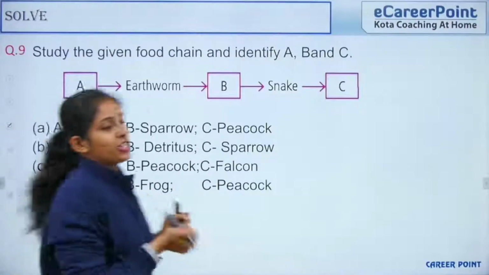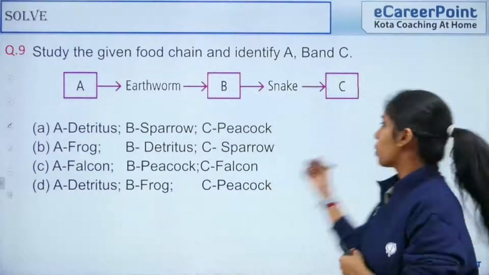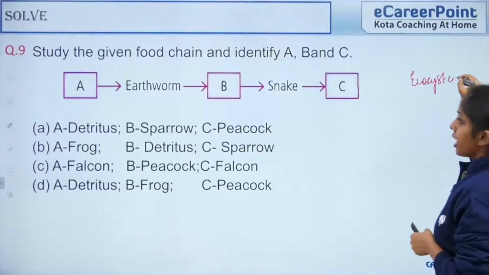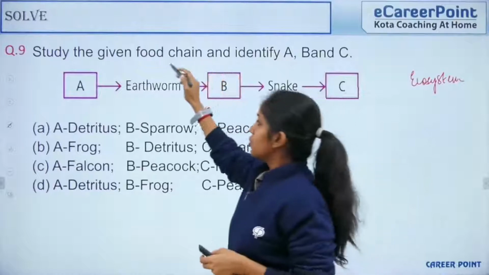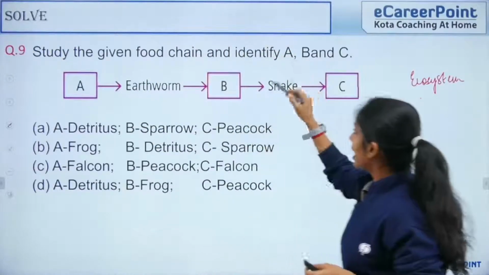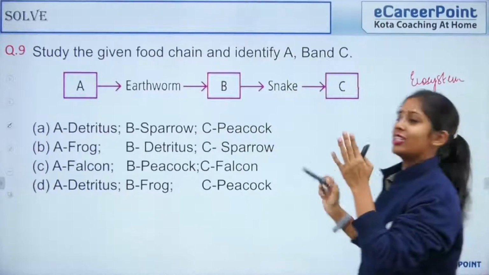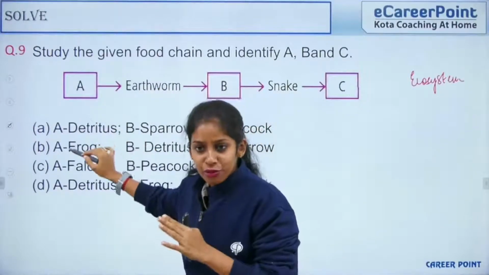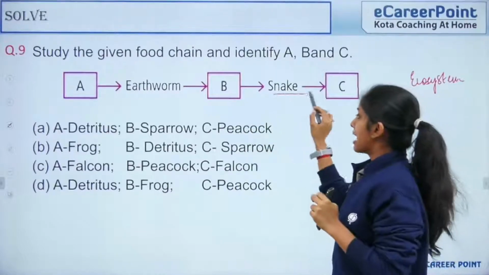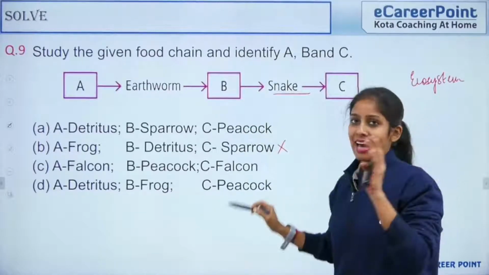When you look at questions like this, this is from food chain. Questions from food chain stem from the chapter Ecosystem. So dash feeds on dash, and earthworm eats what? And then the snake. It's easy, either you can go from A, or if you're very confused, you can go from the last one. So who can eat a snake? Sparrow cannot, a falcon really not.